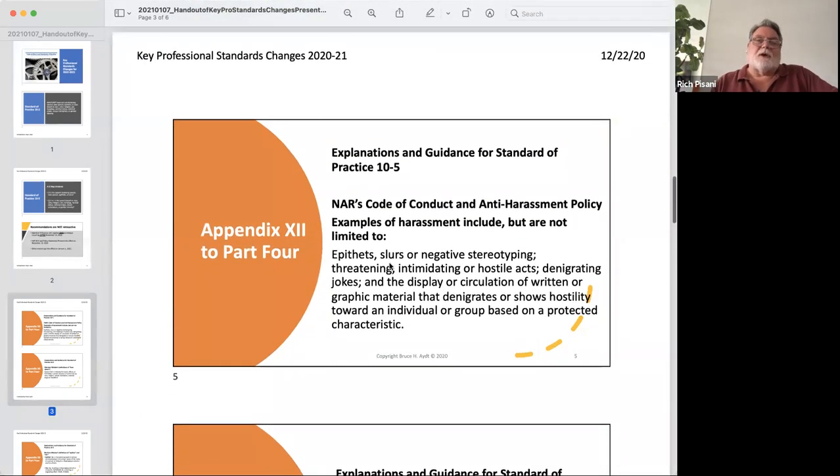NAR's Code of Conduct and Anti-Harassment Policy gives examples of harassment, which include, but are not limited to, as we said, epithets, slurs, or negative stereotyping; threatening, intimidating, or hostile acts; denigrating jokes; and the display or circulation of written or graphic material that denigrates or shows hostility towards an individual or group based on those protected classes, which I mentioned earlier.